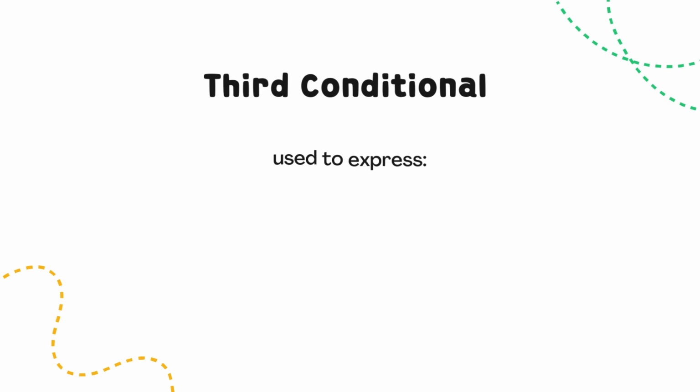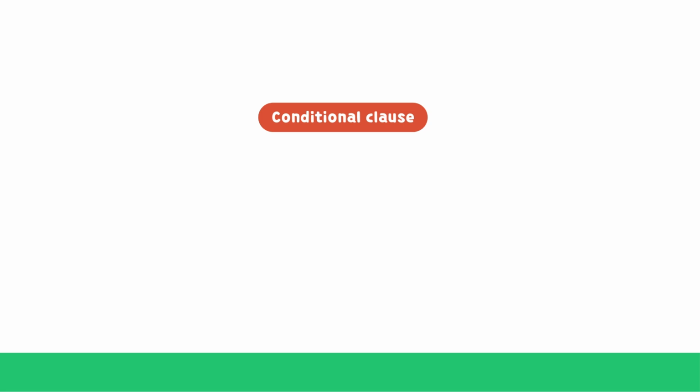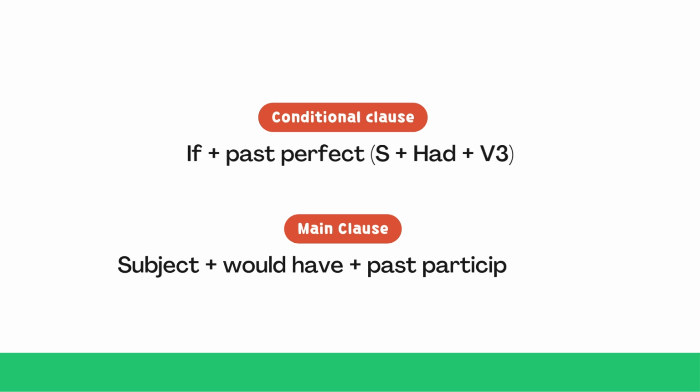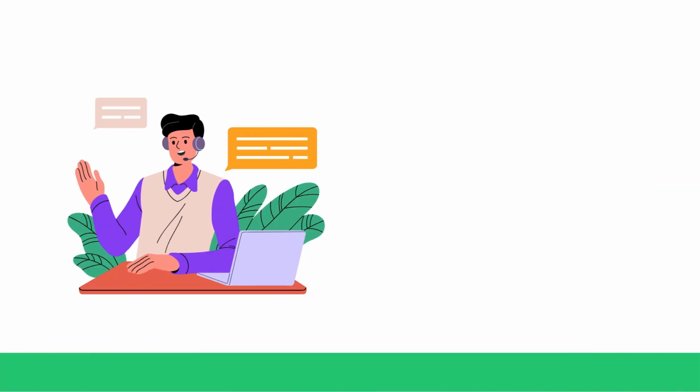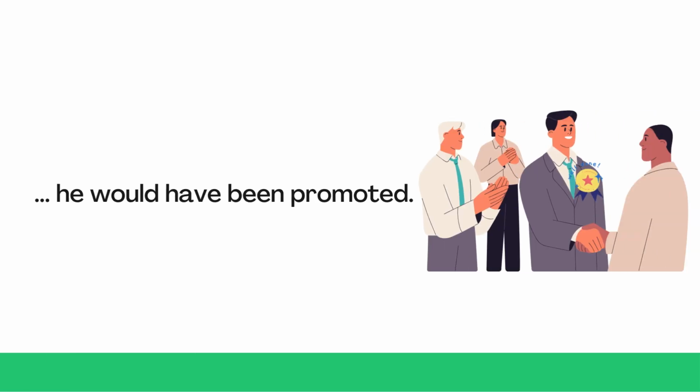Last, we have type 3, third conditional. This type is used to talk about hypothetical situations in the past or things that didn't actually happen. The structure for the conditional clause in this type would be if plus past perfect, and for the main clause we can use subject plus would plus past participle. The example is if he had worked harder, he would have been promoted.